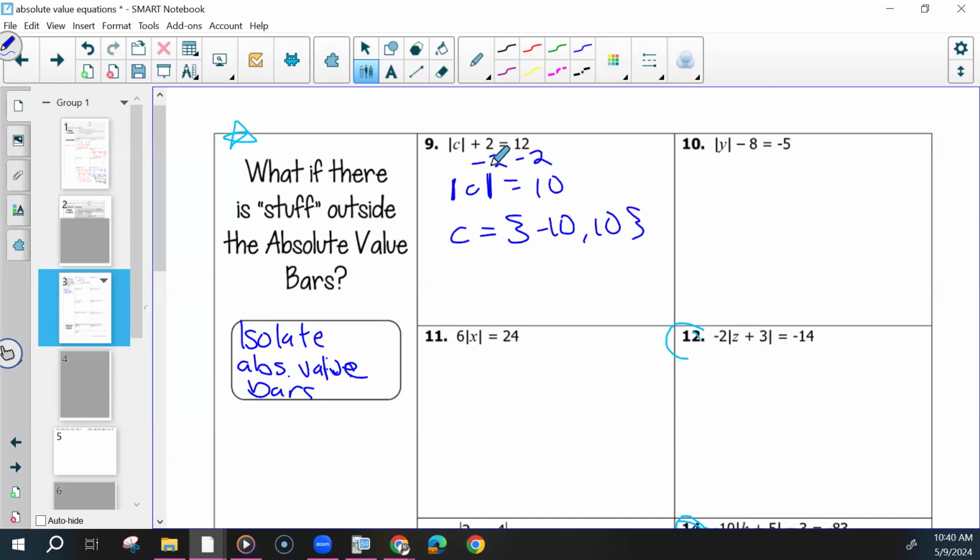I skipped the step and went straight to the answer, because it would just be 10 and negative 10. How do I know? There's nothing to solve.